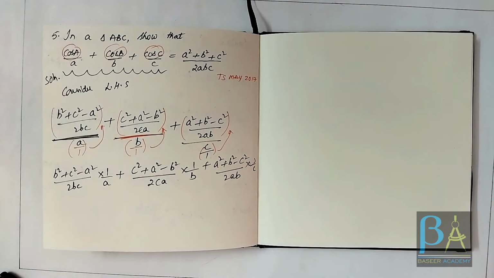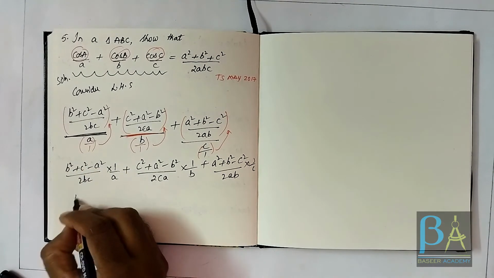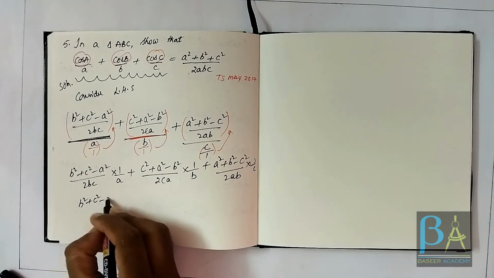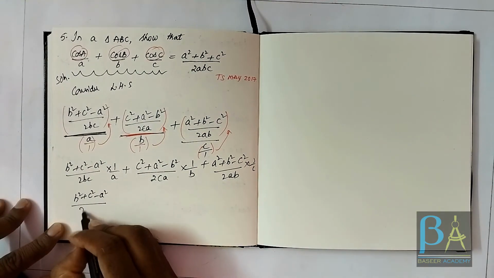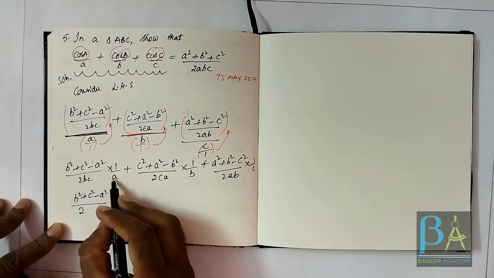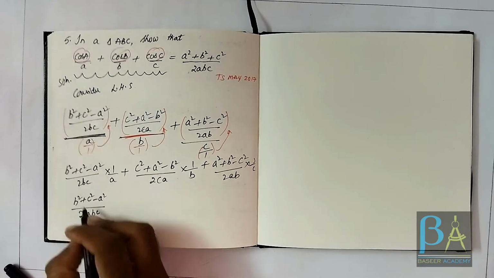Now what happens? b square plus c square minus a square into 1 gives you b square plus c square minus a square as it is. And then 2bc into a, you can write it as 2bca, or else you can rearrange the terms alphabetically and write 2abc.